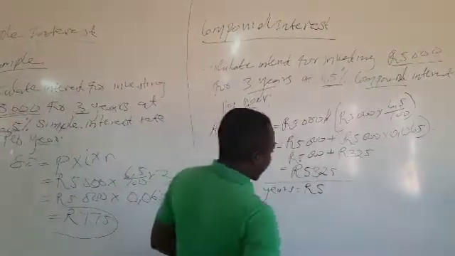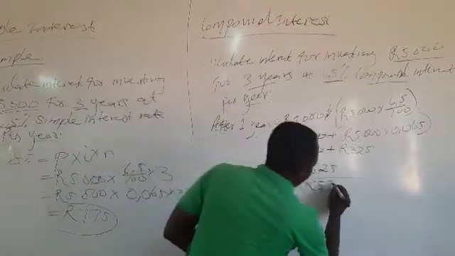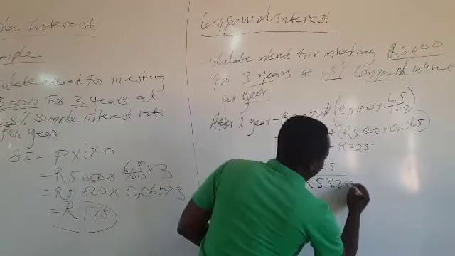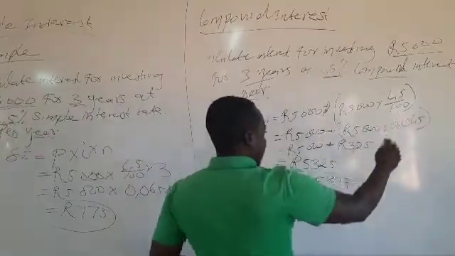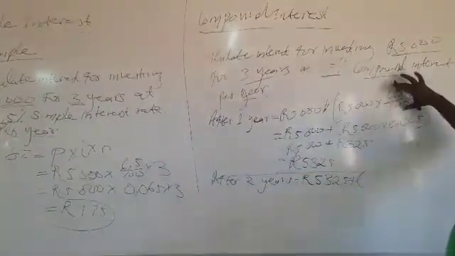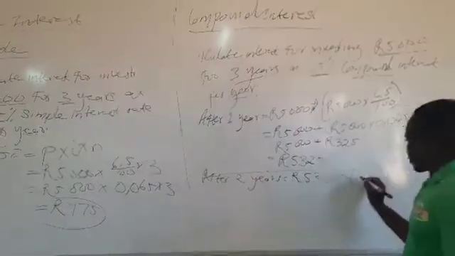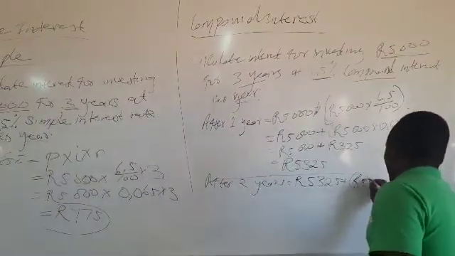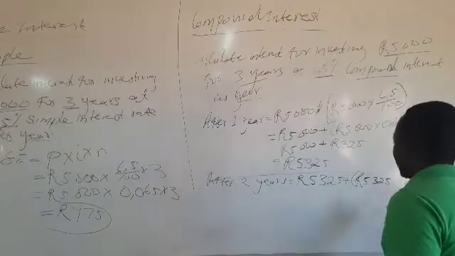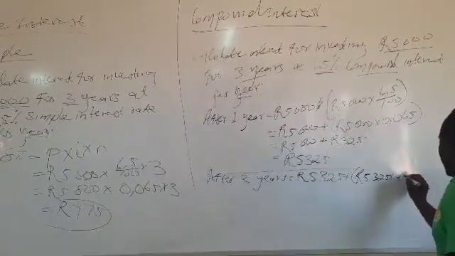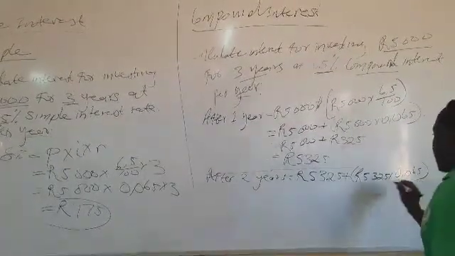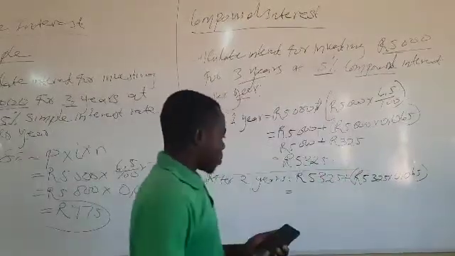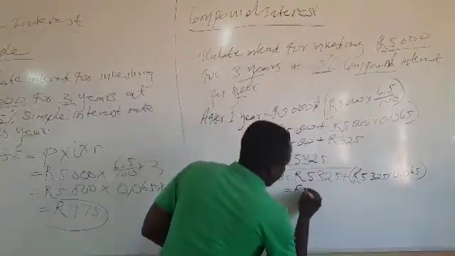So we are going to use 5,325 plus, open bracket. In this case, there is no need for us to write this fraction, but we say 5,325 multiplied by 0.065.